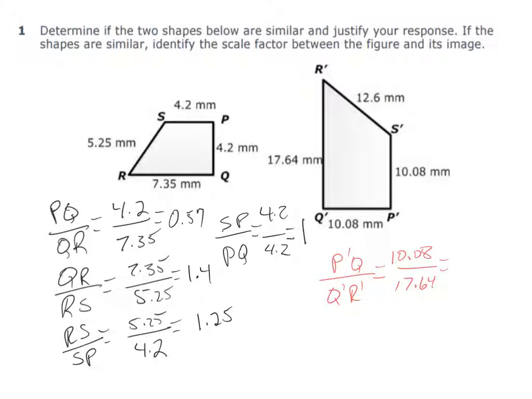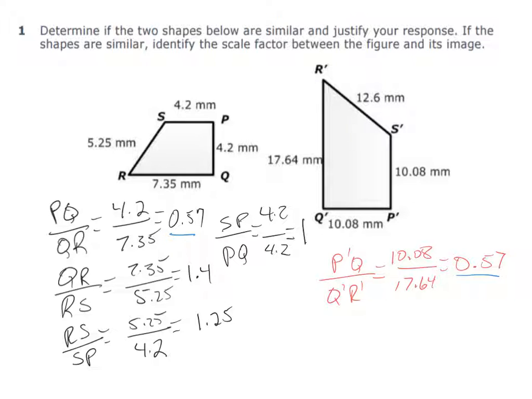Well, let's simplify. I take my little calculator, 10.08 divided by 17.64 is going to give me 0.57. Notice that these answers are identical, congruent. So that tells me those two ratios are similar.